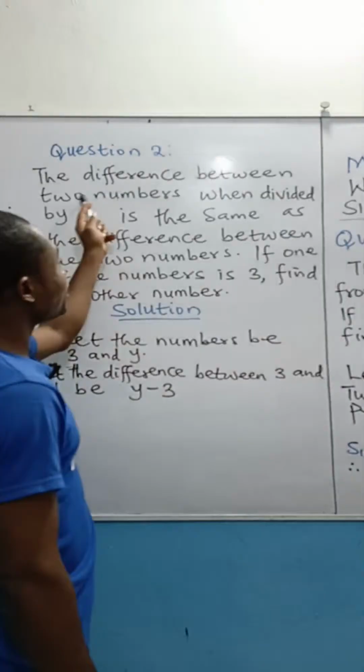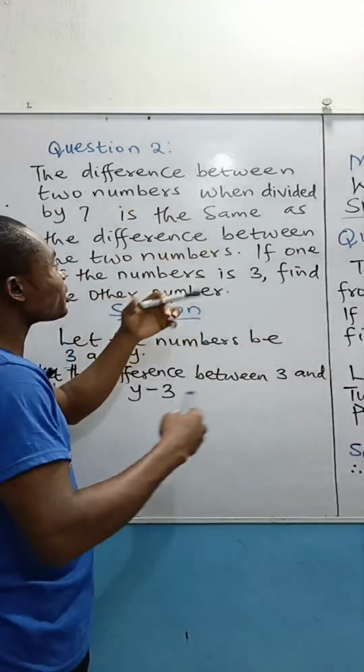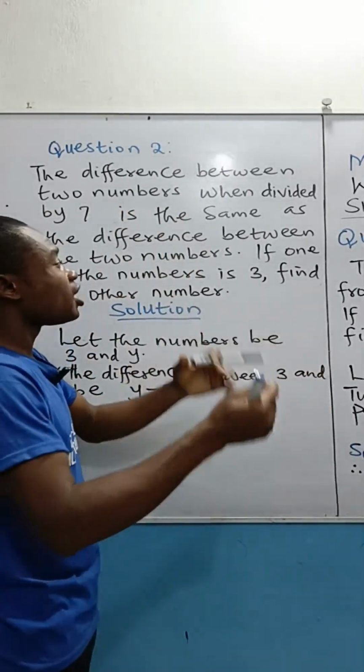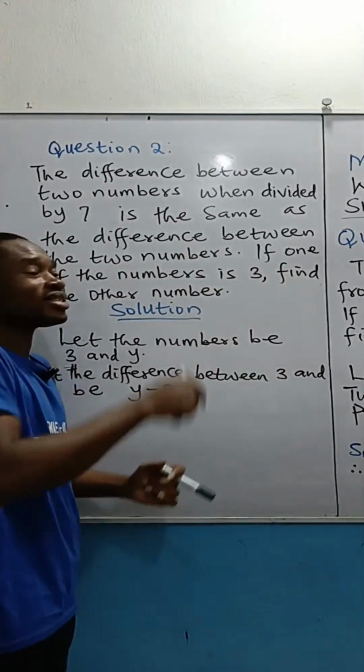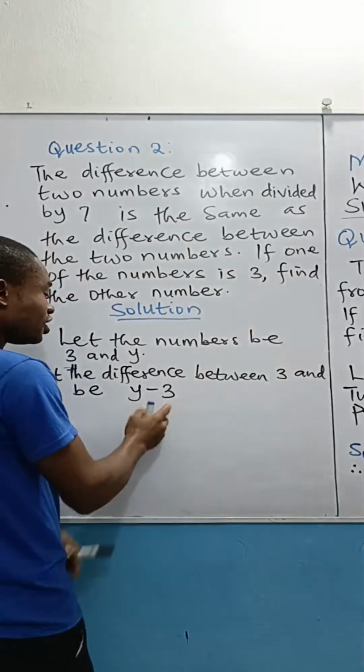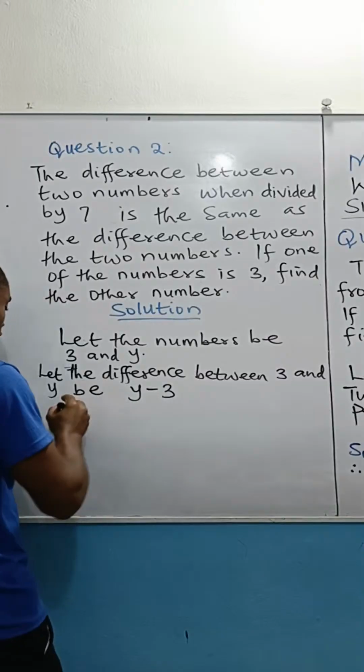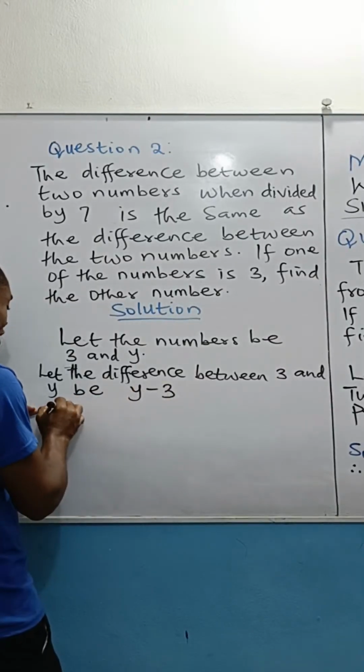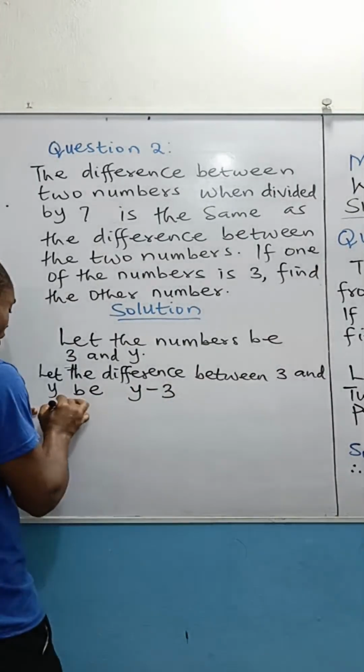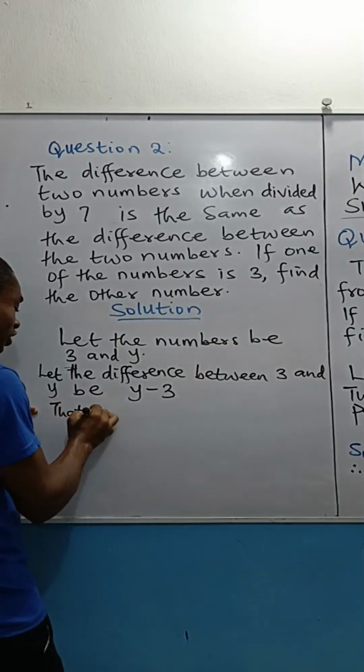The question said that the difference between two numbers, the numbers are 3 and y, so y minus 3, when divided by 7. So this whole thing is divided by 7. The difference is divided by 7.